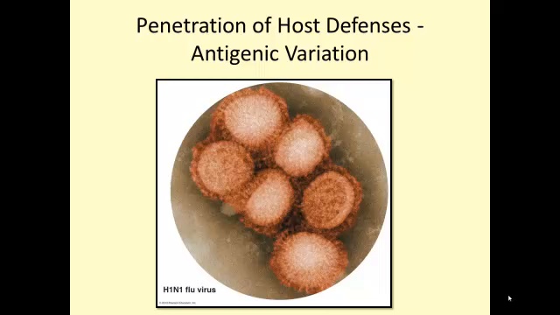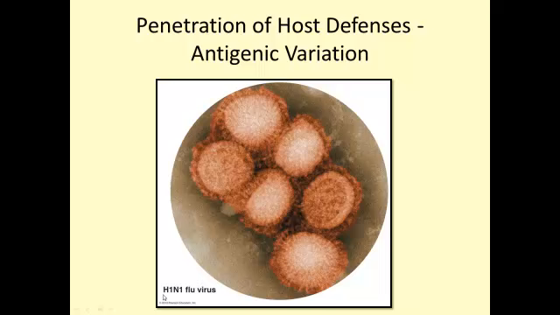Okay, antigenic variation. This is where a pathogen changes its proteins on the surface that your immune system would recognize. So on a consistent basis, it would just change those either through mutation or through reassortment or turning on different genes. Now, up here we have micrographs of flu virus, specifically H1N1. We have these little spiky guys sticking out of the lipid membrane, out of the envelope of the virus.